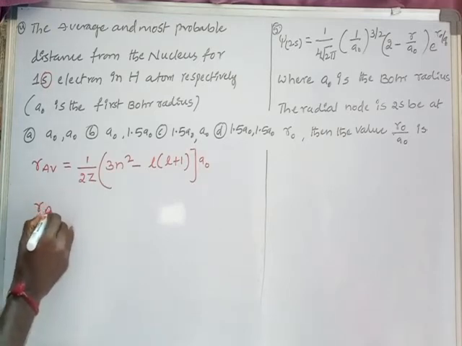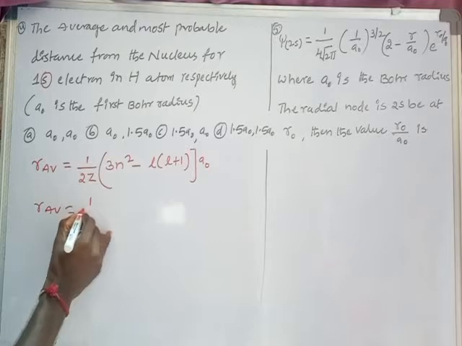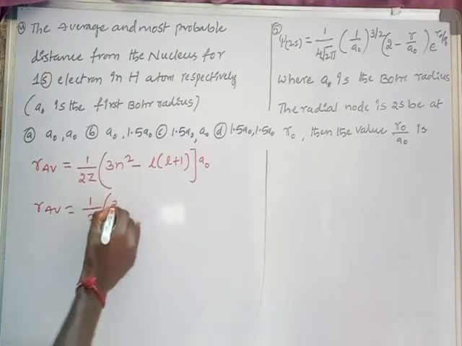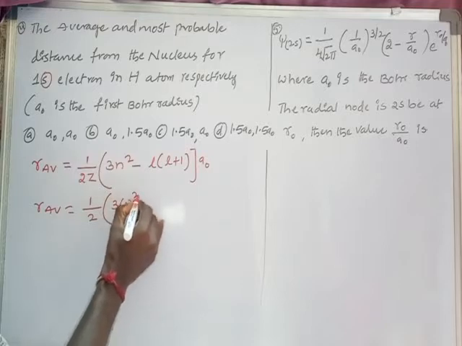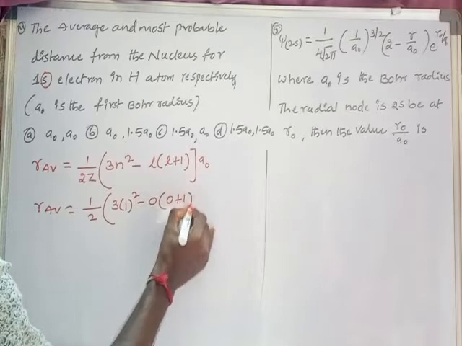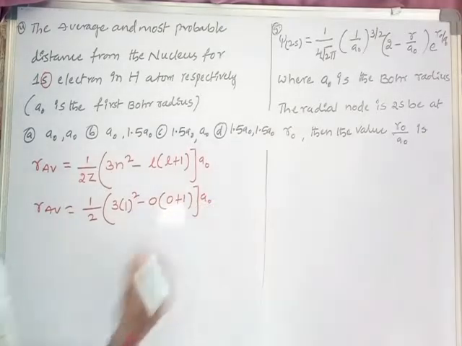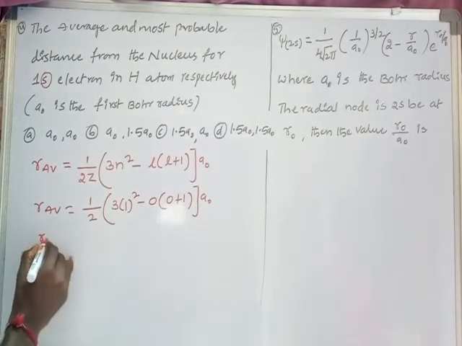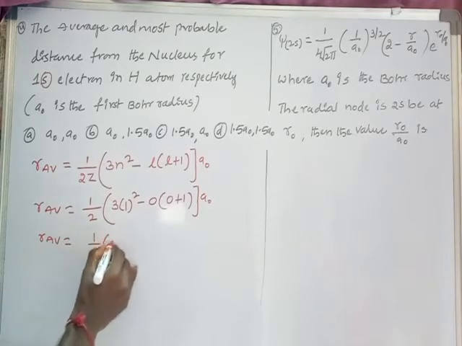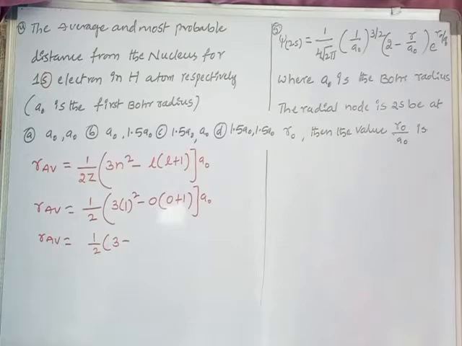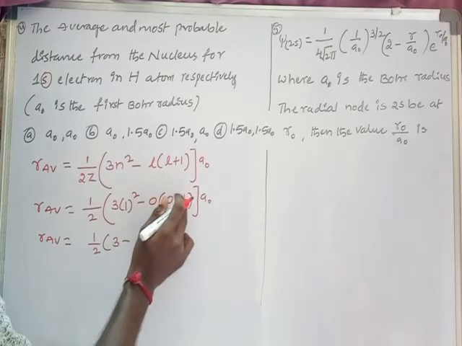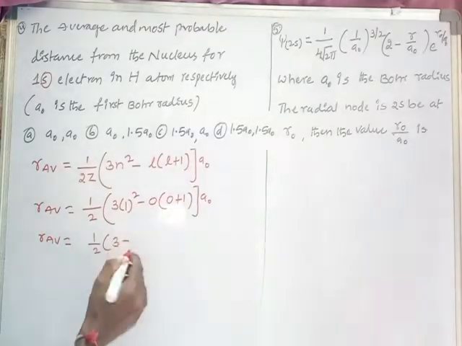Now average radial distance equals 1 by 2 into 1, 2 into 3 into 1 square minus 0 into 0 plus 1 into a naught. From that, average radial distance equals 1 by 2 into 3 minus, so here 0 plus 1 means 1 into 0, 0.